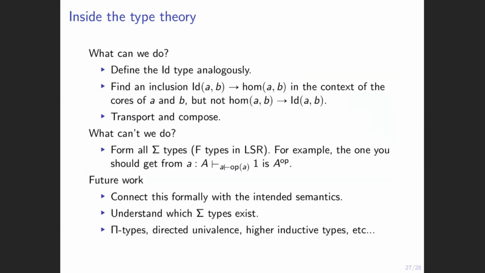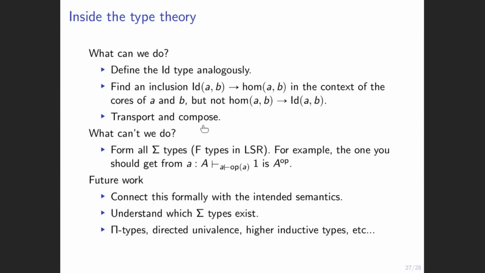Okay, so what can we do with this type theory? I didn't think I would have enough time, and I guess I didn't, to define the identity type analogously, where instead of the annotations where certain things had to be in the core and in the op, we just make sure that everything is in the core.